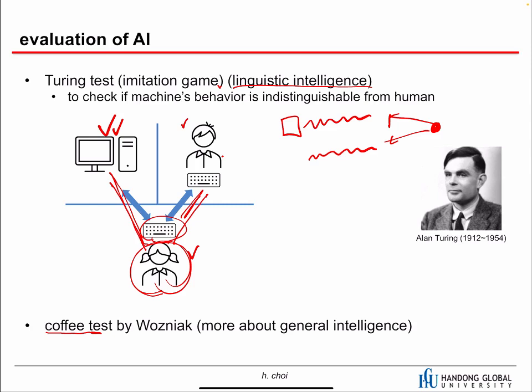But the coffee test sounds really simple, but it's not as simple as it sounds, because the robot should understand our speech and our language, and it should figure out where a kitchen is. Then it should figure out how to get there, and when it gets there, it should figure out where the coffee is and where the water is. There are lots of activities there, so it's not that simple. So if the robot can give us a cup of coffee, then it's really smart.